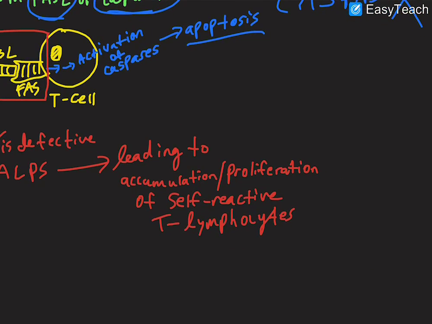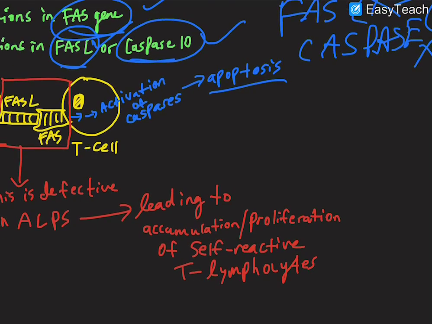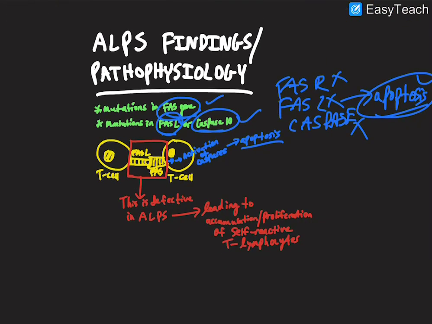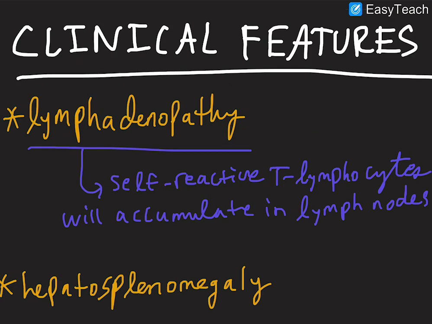So if these self-reactive T cells cannot undergo apoptosis, we're going to accumulate these cells. This is going to lead to the accumulation and proliferation of these self-reactive T lymphocytes. Okay, so that's not good at all. So let's see what findings we can find based on the accumulation of self-reactive T cells. If these self-reactive T cells never die, they're going to accumulate and proliferate, right? And they will never die.